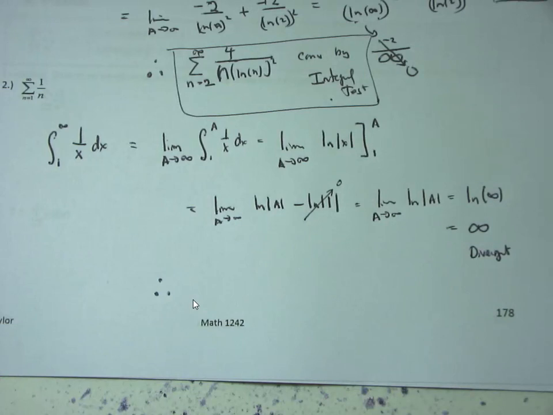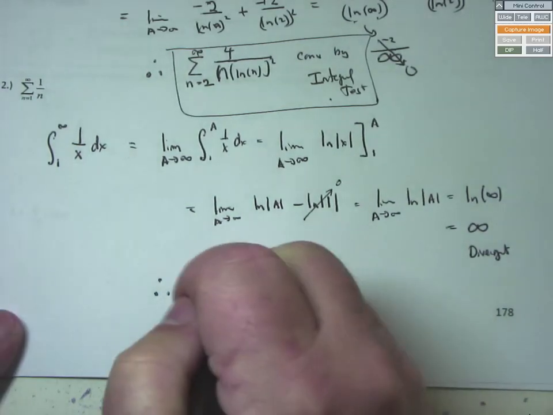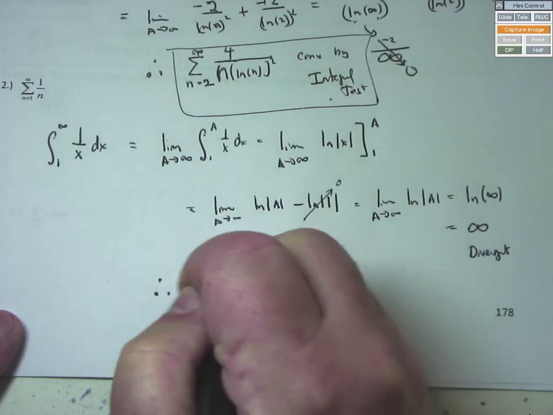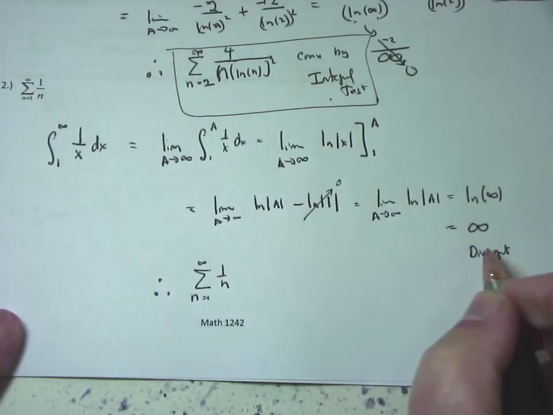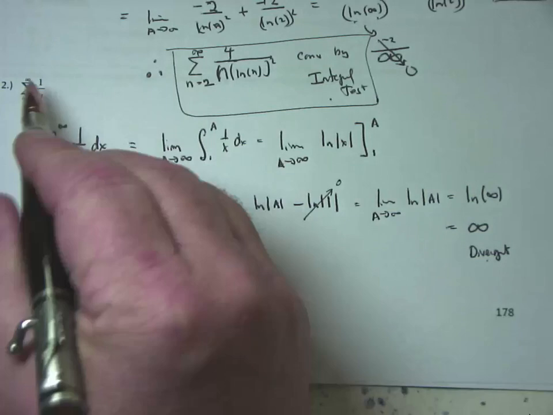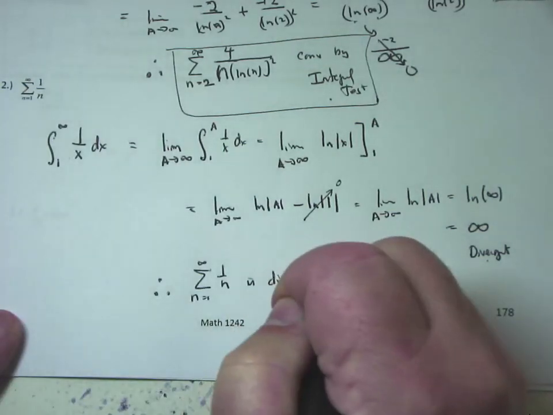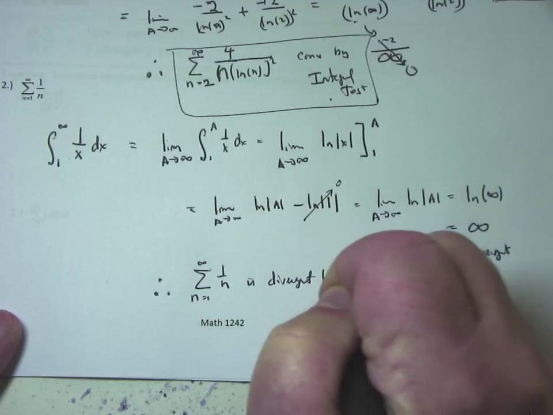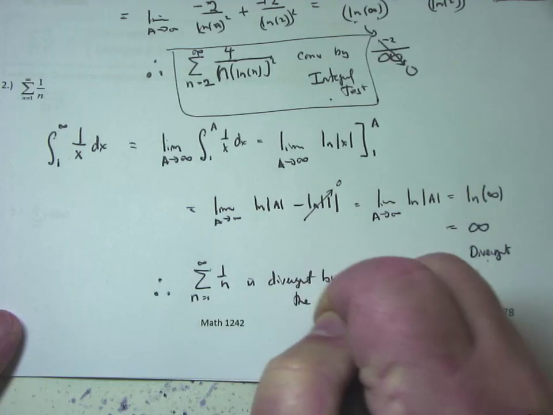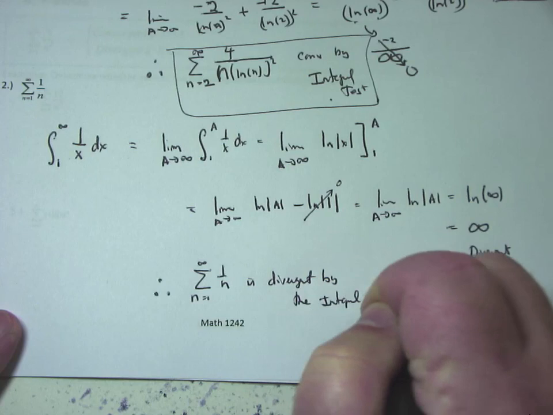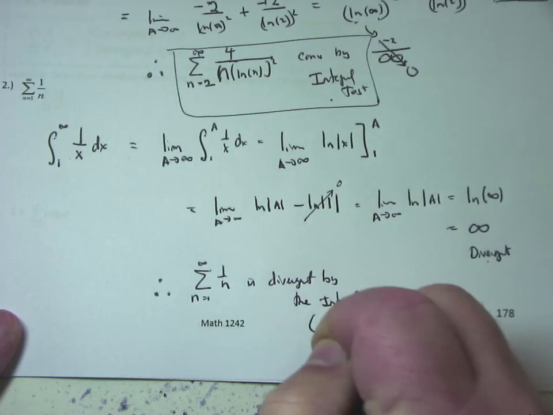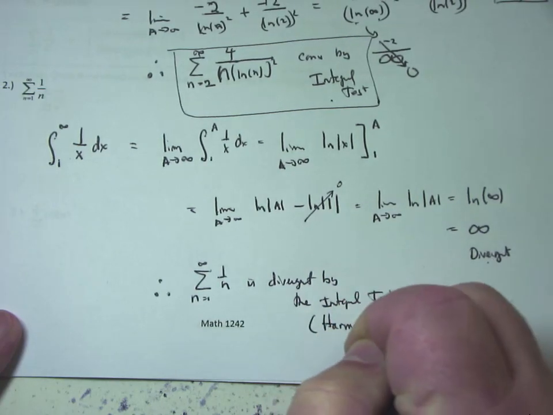Your conclusion is, remember your series, the sum as n goes from 1 to infinity of 1 over n. Since the integral diverged, the series is divergent by the integral test. Harmonic series diverges, okay?